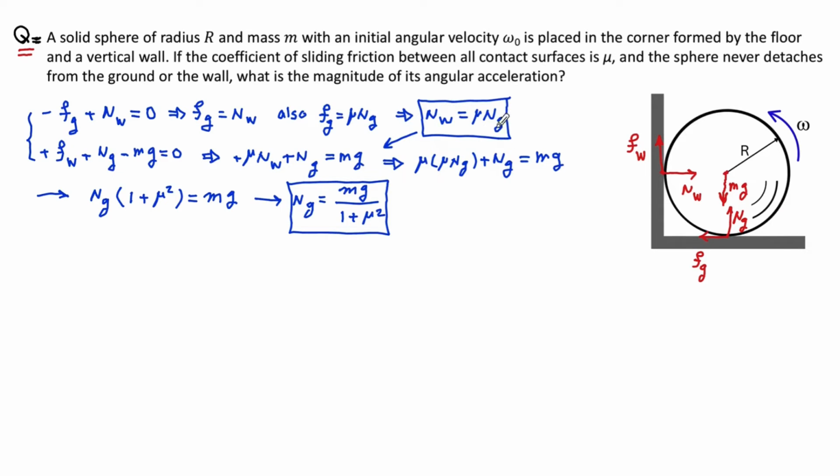Since we found Ng like this, therefore we have Nw as well. And Nw as mu mg over 1 plus mu squared. Right?